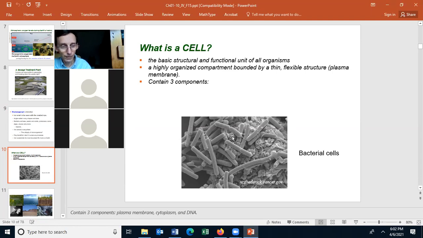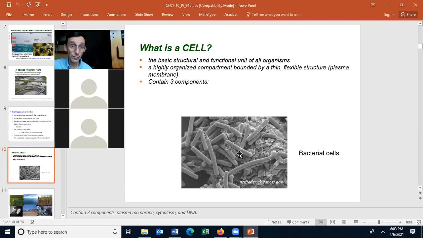And I don't want to go into whether they're alive or not because people argue about that, and I'm not going to get into that argument. But they do not have cells, and here we're talking about cells. And cells are highly organized compartments. They are bounded by a thin, flexible structure called the plasma membrane, which actually, that's not the plasma membrane you're seeing there. That's a cell wall, but underneath that, that's the plasma membrane.